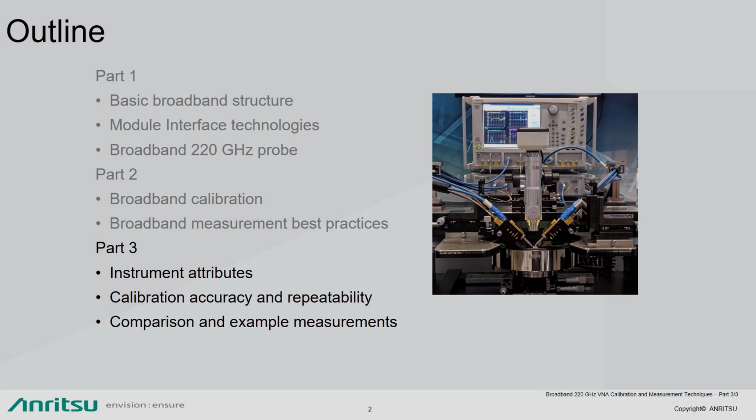And then that instrument performance will lead us into discussing the calibration accuracy and repeatability that we can achieve in a broadband system such as the ME7838G operating up to 220 GHz, and then provide comparison and example measurements of this system using the 220 GHz MPI probes.